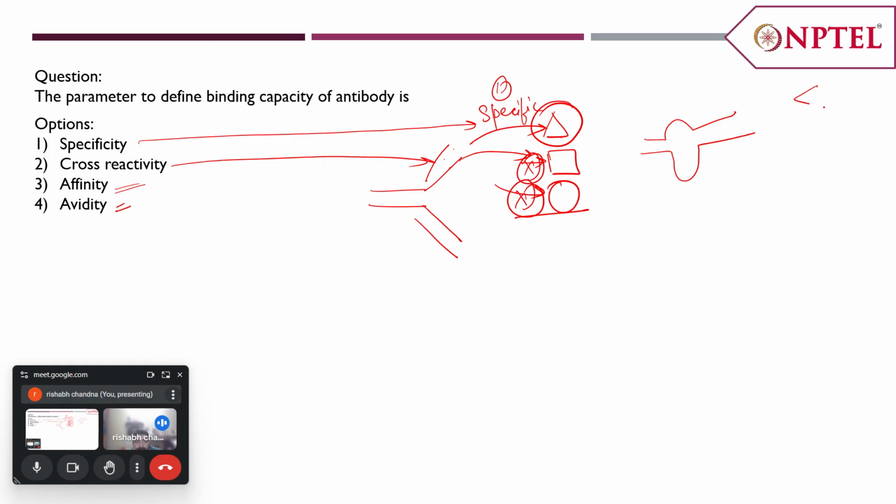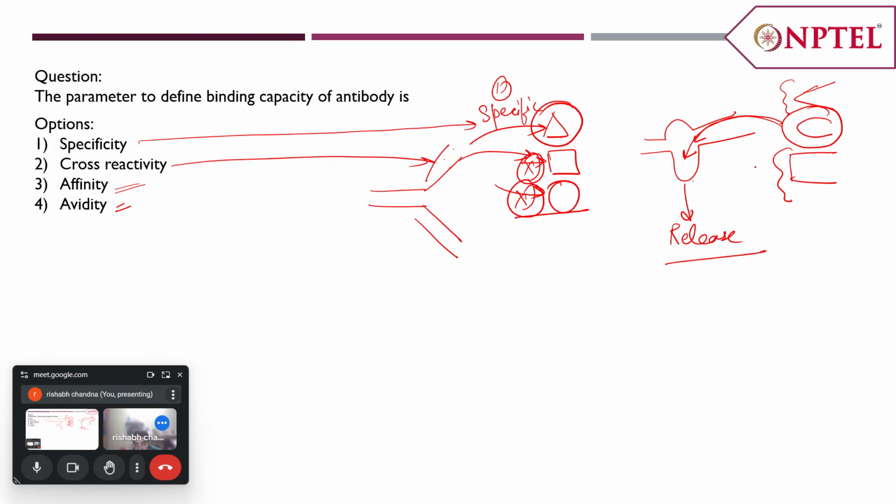If the epitope shape is like this, and like this, out of these three, this would have the higher affinity to bind to this as compared to this particular epitope and this particular epitope. So this has higher affinity to bind to this epitope, and if it binds with higher affinity to the antigen binding region, it will not be able to release this epitope easily.